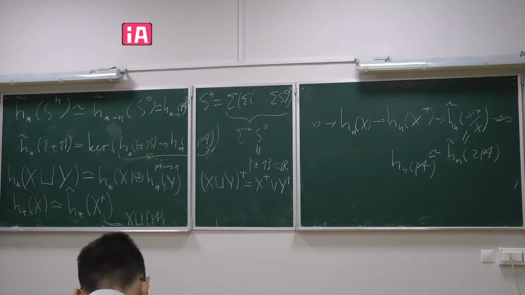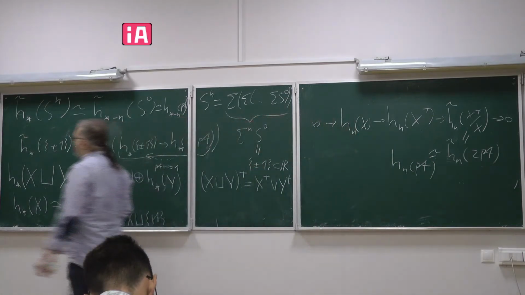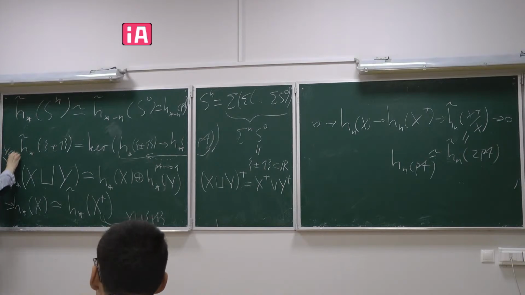So exercise. Prove that we have this isomorphism, and then we have this isomorphism for every CW complex X, and we also have this isomorphism again for all X, Y inside CW.